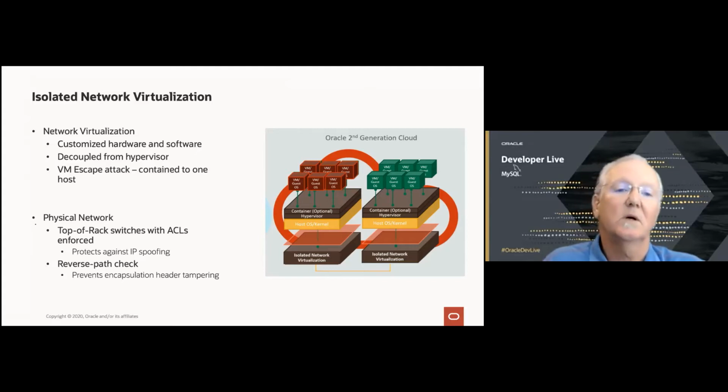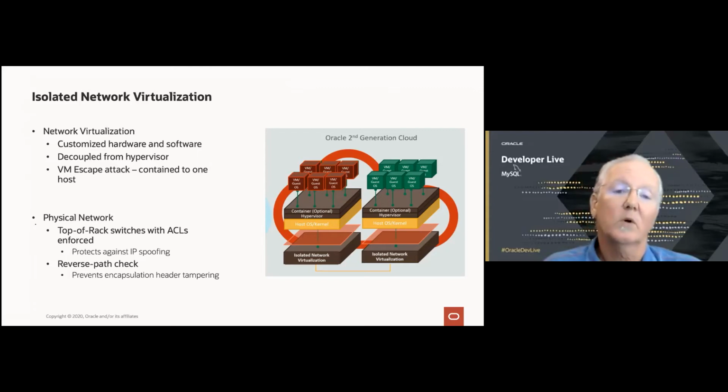In traditional clouds, traditional virtualization environments, hypervisors manage the network traffic. And there's a lot of risk that comes with that design, because if you can use the hypervisor to exploit the network, you can break out of a virtual instance, for example, access underlying operating systems, and gain control of the hypervisor.